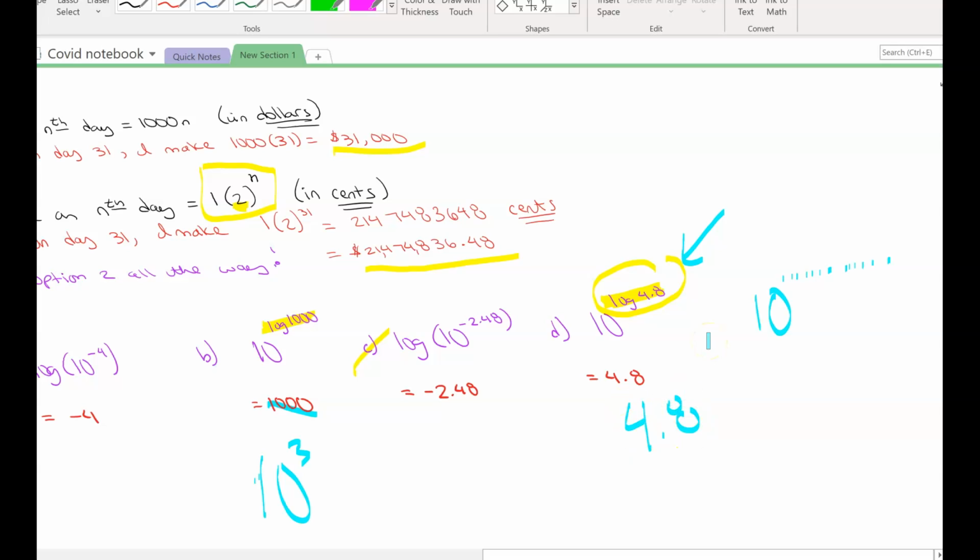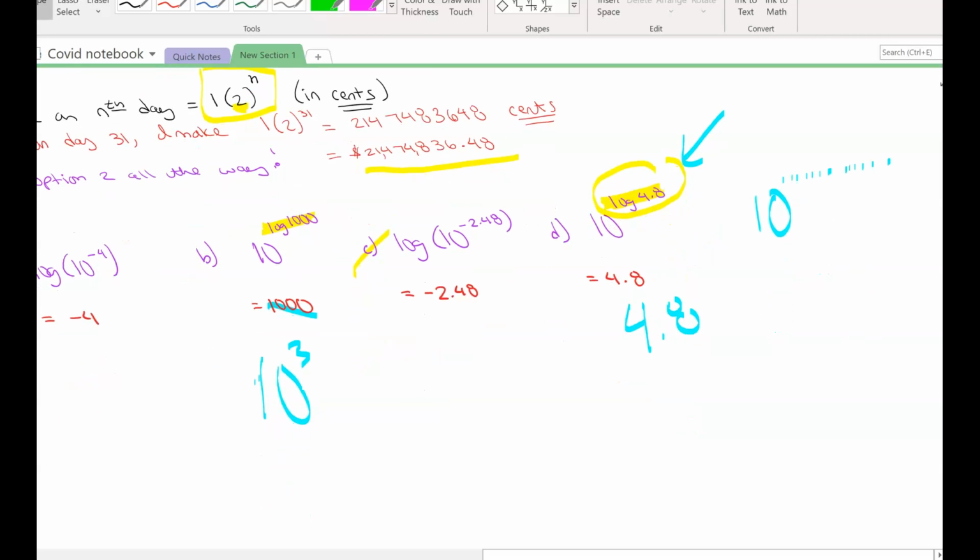And ladies and gentlemen, what we have here is a second property of logs, which says, I'm going to write it out for you here. If you have some base, I'm going to call it B, and you raise B to the power of log, now this is important, of that same base B, let's call it A. Because here, unwritten but understood, this is a log base 10.